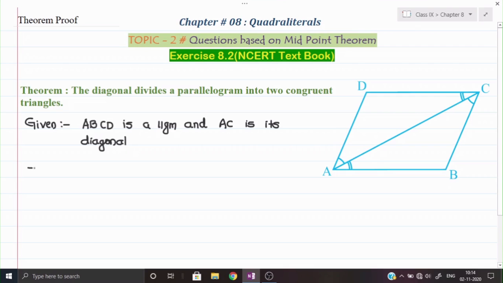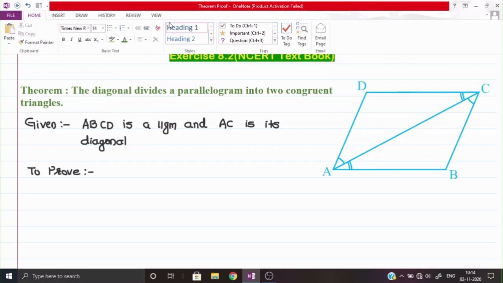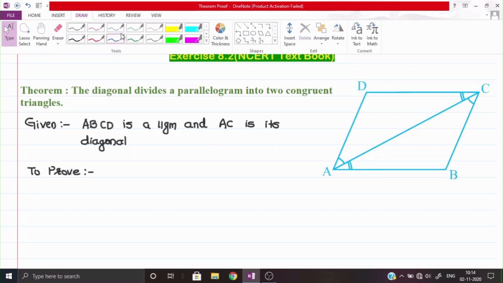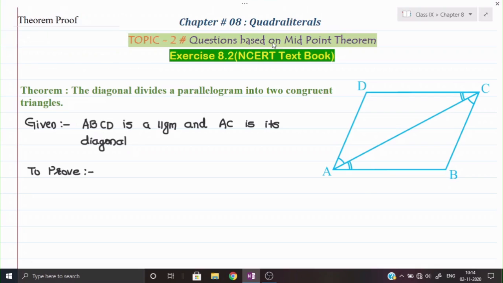Okay, now what we need to prove here, that will mention. Now while writing the name of the triangle, we need to be a little more careful because it should come according to the one-to-one correspondence. So for that, it will be easier for me and you also that we shall make one triangle. So here make one pair of triangles here. This is one triangle I have drawn, and one more I will take it here.